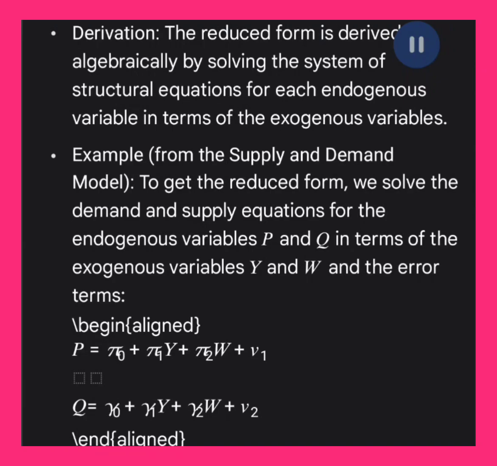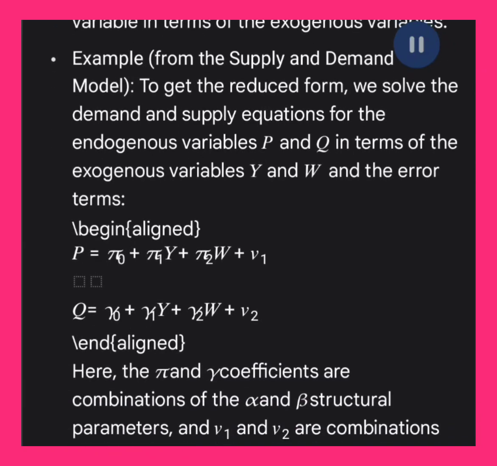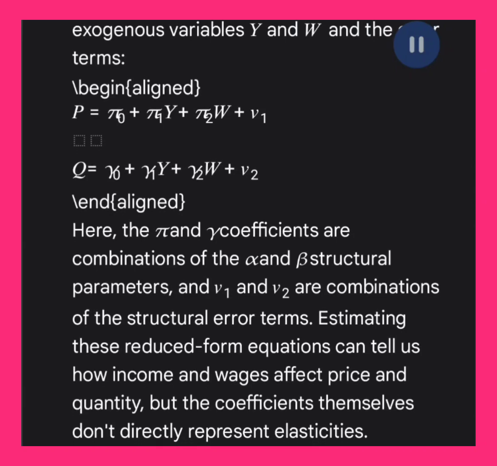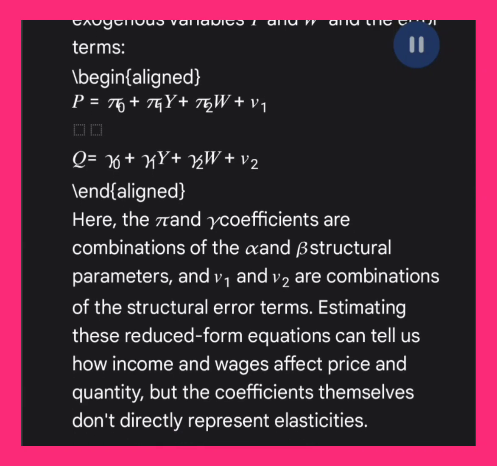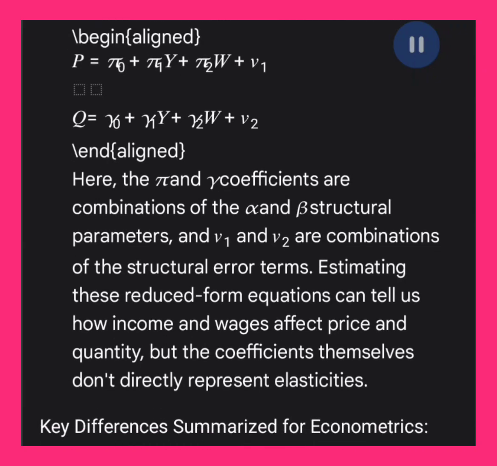P = π_0 + π_1 Y + π_2 W + v_1, and Q = γ_0 + γ_1 Y + γ_2 W + v_2. Here, the π and γ coefficients are combinations of the α and β structural parameters, and v_1 and v_2 are combinations of the structural error terms.